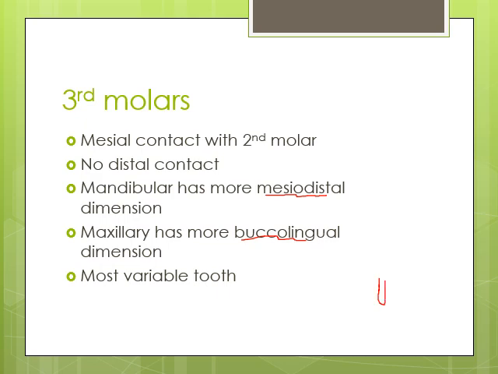The roots could be fused, there could be 3 roots, there could be 4 roots. Similarly, we can see different crown morphology in the maxillary molar. The more common are the heart shaped and the rhomboidal shape, and they could be as small as a peg shaped. We can see the peg shaped molar in the case of third molars, right?